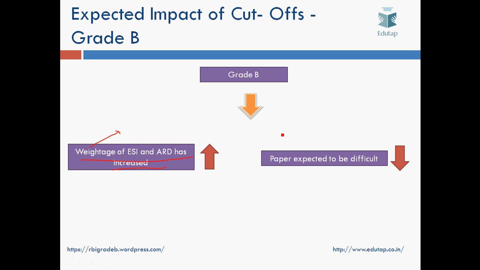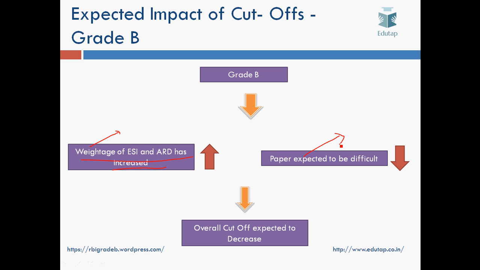But on the other hand, the paper for grade B is expected to be more difficult than last year, because grade B is now different from grade A. So obviously it will be made difficult. But on the whole, I think the overall cutoff is expected to decrease for grade B as compared to last year. Last year it was 122. This time it shall decrease to a certain extent.